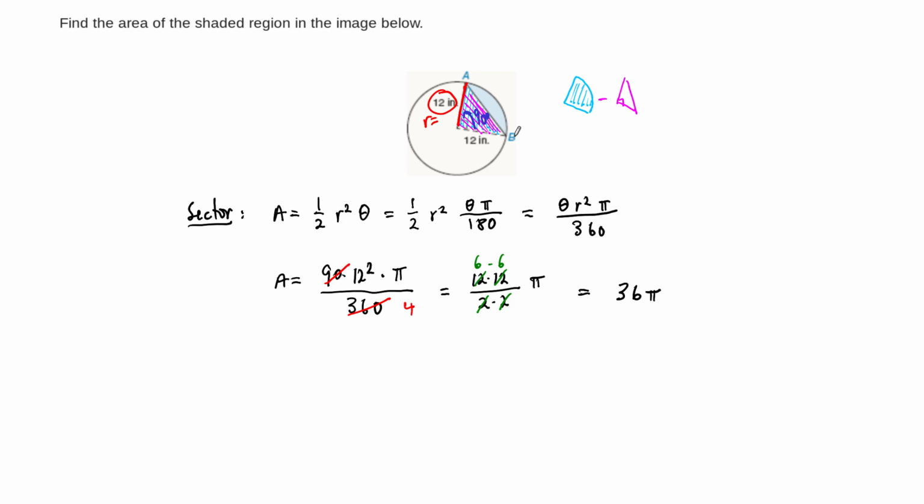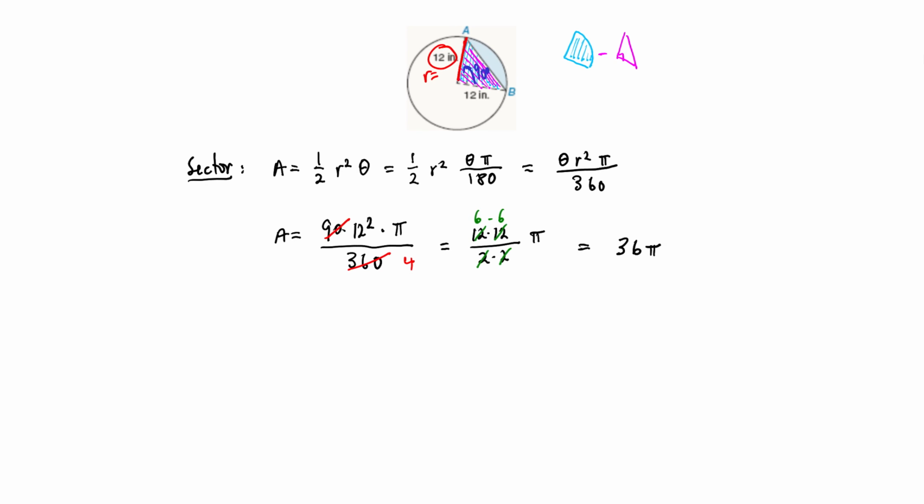All right, the next thing we need to do is look at this triangle. This triangle is an isosceles right triangle, and the fact that it's a right triangle is very useful. Triangles, we know their area is equal to 1/2 base times height, and the fact that it's a right triangle means that the base and the height are the legs. So this one's going to be 1/2 times 12 squared, base times height.